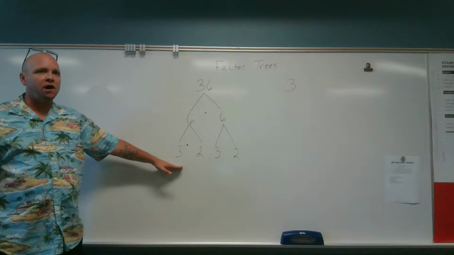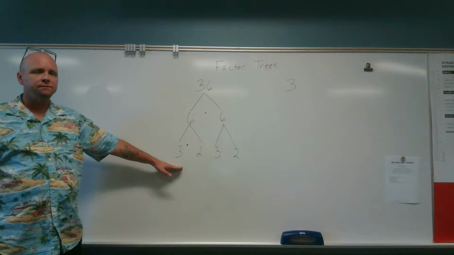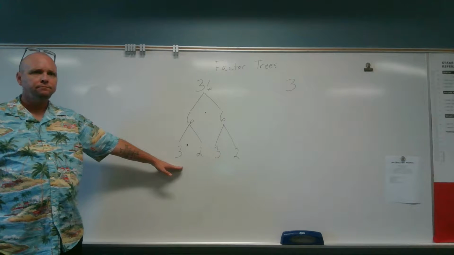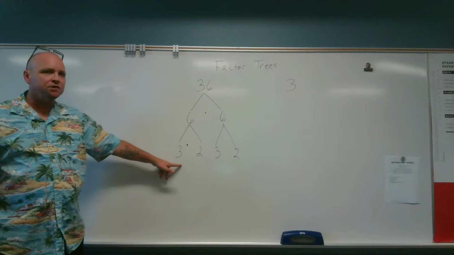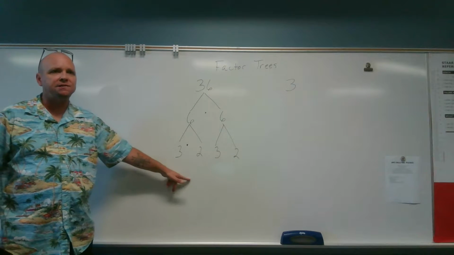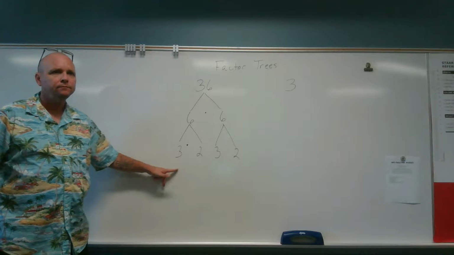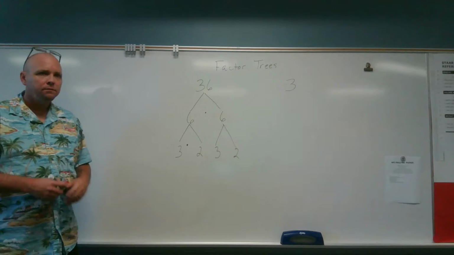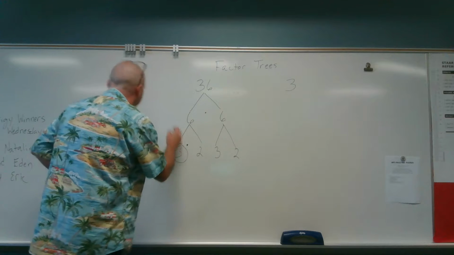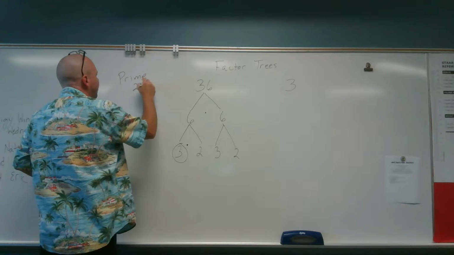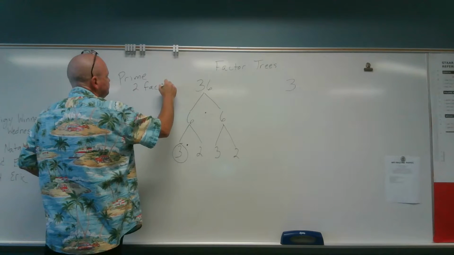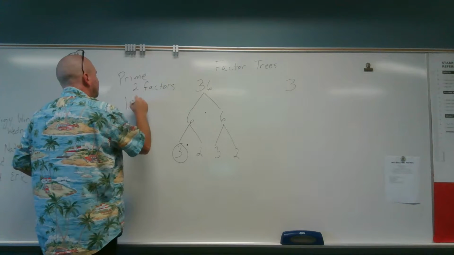Aiden, is 3 prime or composite? Okay, if it's composite, it has numbers that multiply together to equal 3 besides 1 and 3. Oh, no, it is prime. Because a prime number has 2 factors, 1 and itself.